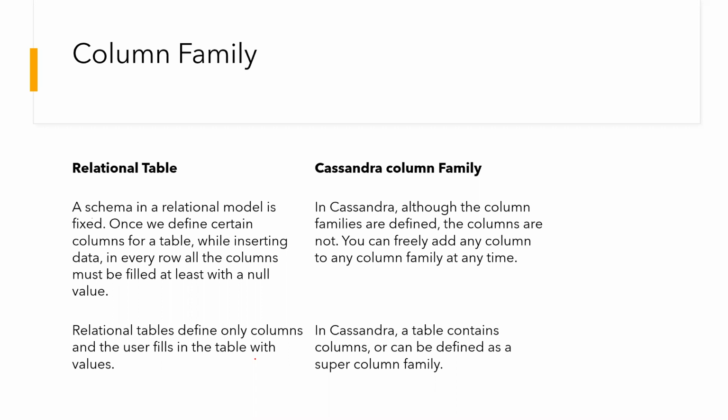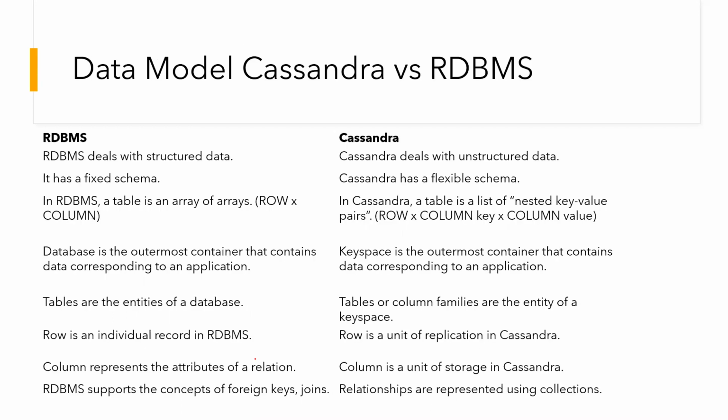Okay, let me jump on to other stuff, probably more quickly. So I'm defining how the rows and columns are defined over here. The key space is the outermost container of all your data. You can associate it to something like a database in your relational system.